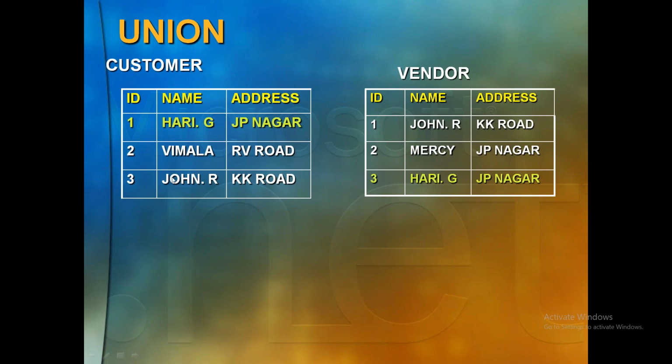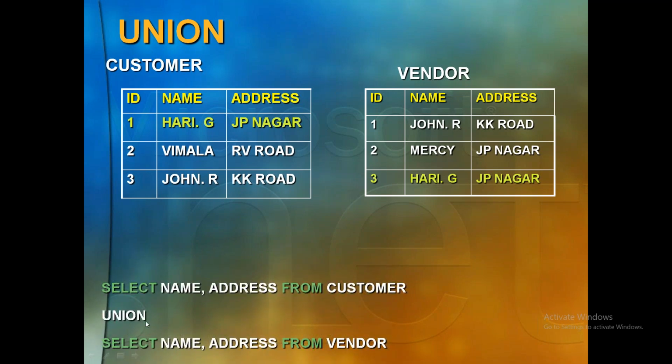If you see carefully, Hari Ji is my customer. Hari Ji is my vendor. John R is my customer. John R KK Road is my vendor. If I go in for a union, it is going to be eliminating duplicates.